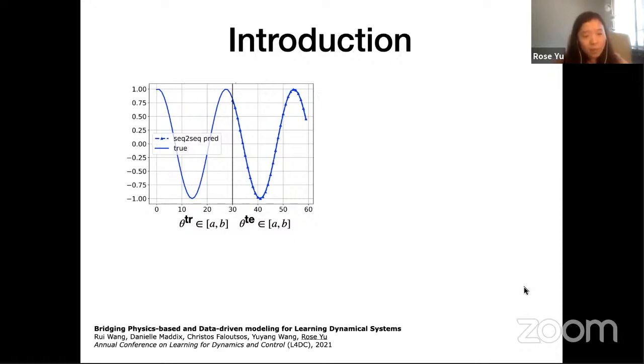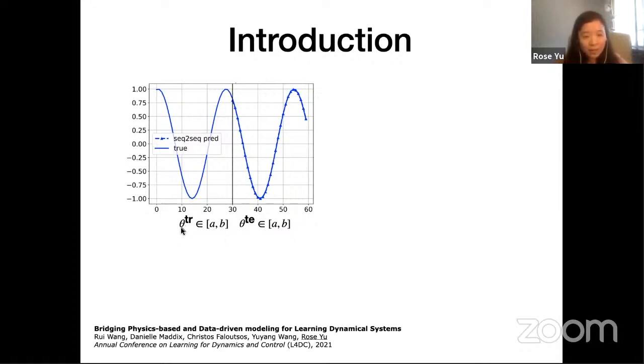Basically, if you think about this simple system, it's only governed by a few parameters, which are the magnitude of the sine function, the phase, which is the initial condition, as well as the frequency. We can call these parameters together a variable theta.